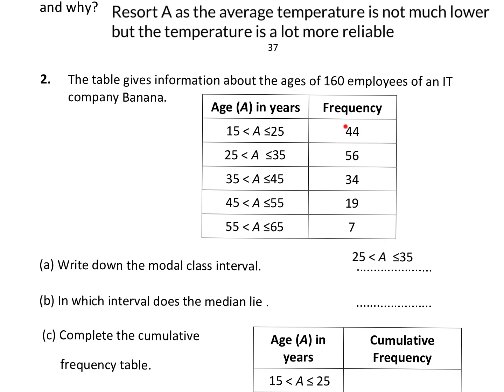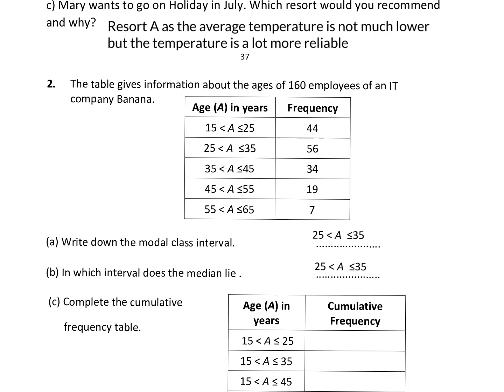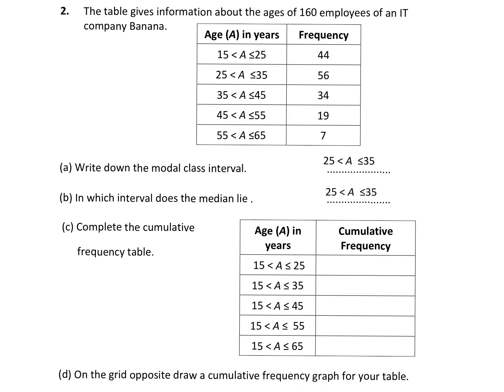You only get to 44 here. You're trying to get to 80, so the 80th value is going to be in this group here. So the median is also in the group 25 to 35.